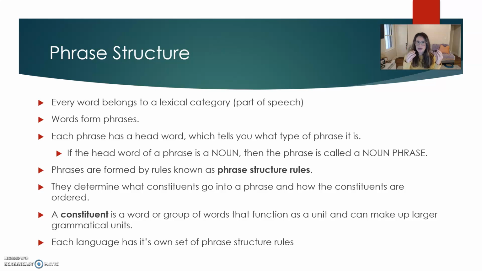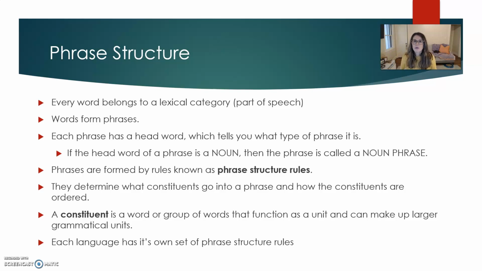And these phrases are formed by what we call phrase structure rules. Phrase structure rules determine what constituents or what kind of words go into phrases and how those things are put into order, okay? So a constituent is just a word or a group of words that work as a unit, right? And we can put these constituents together to create either phrases or sentences.